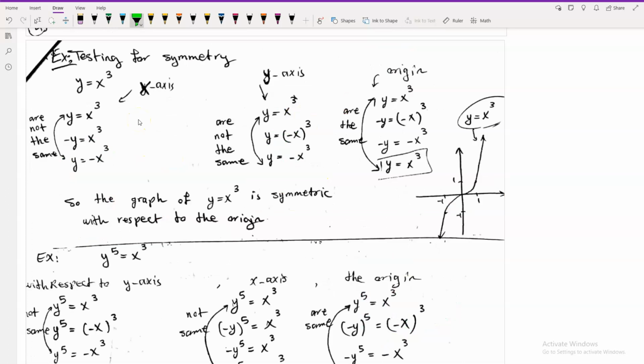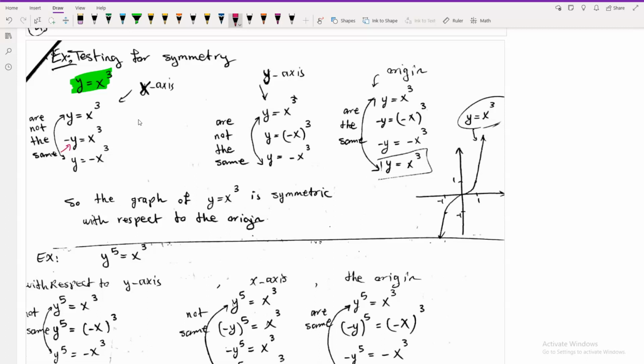Another example, again testing for symmetry: we have this equation y equals x cubed. For the x-axis, here I used negative y instead of y. So we're going to have negative y equals x cubed. Isolate y, divide by negative 1 on both sides.